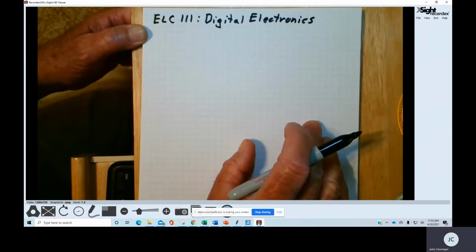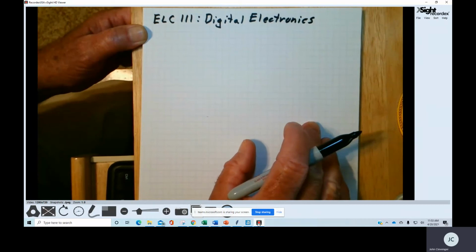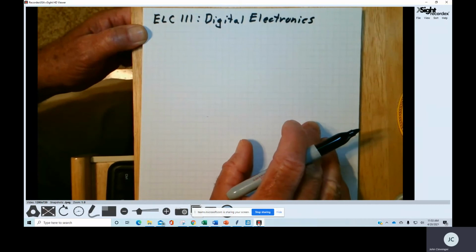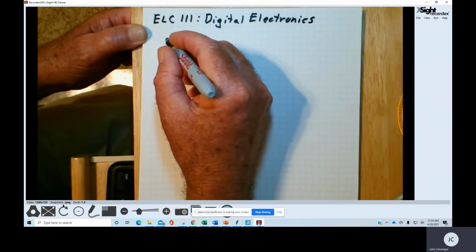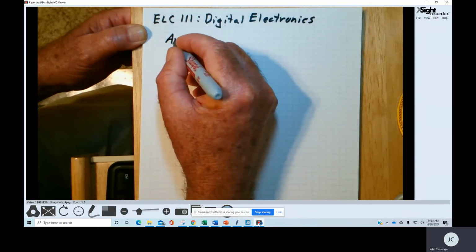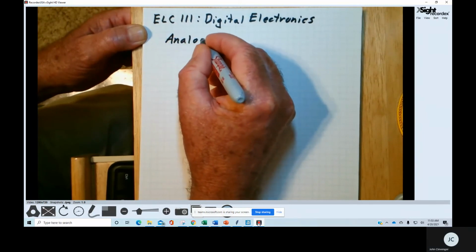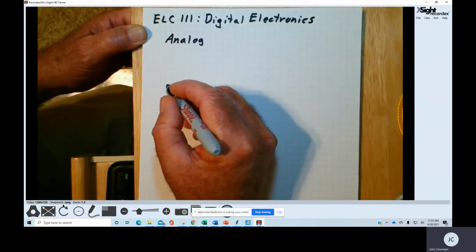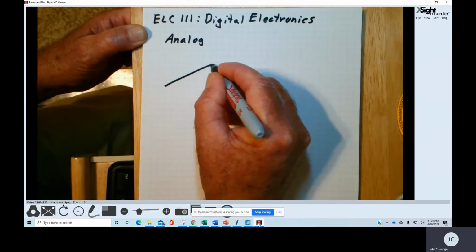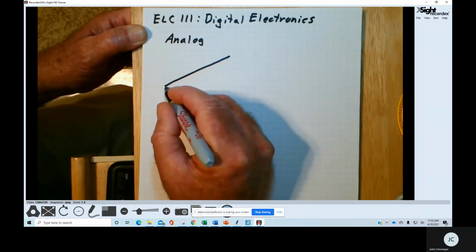Now let's start by defining what we mean by digital and analog quantities. And the best way to do this is to illustrate what we mean by analog quantities by sketching a simple ramp.